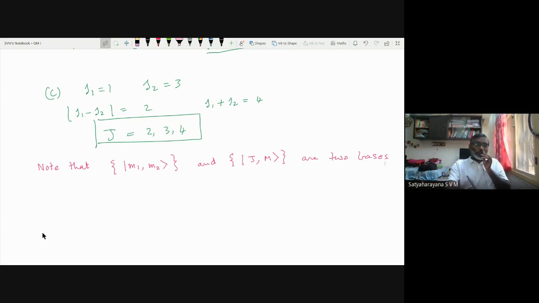Okay, so it must be possible to represent, that is, a vector Jm can be expressed as a linear combination of elements of the basis.